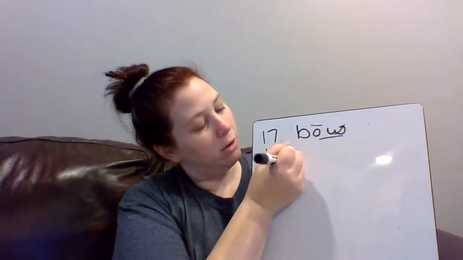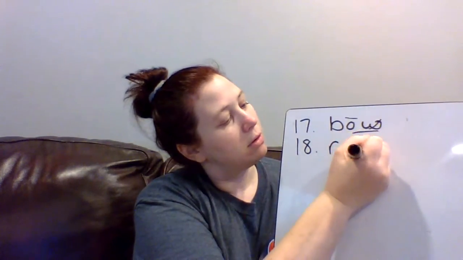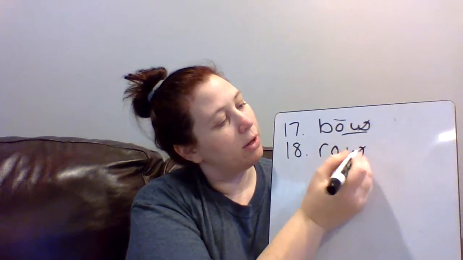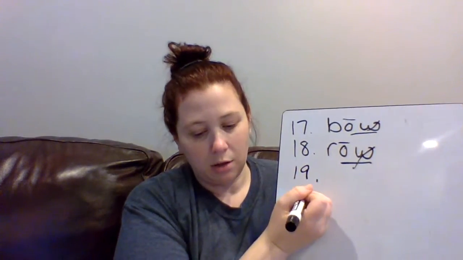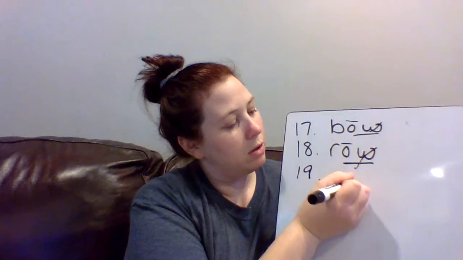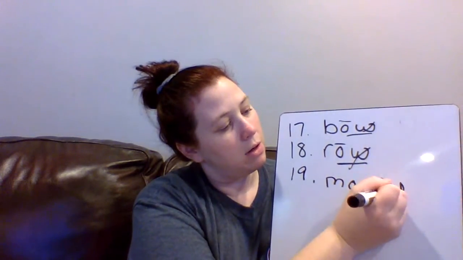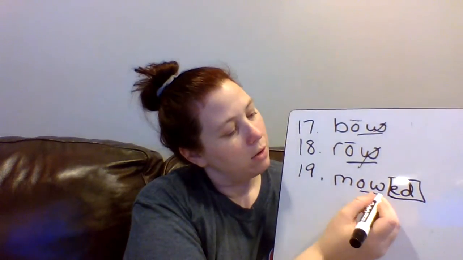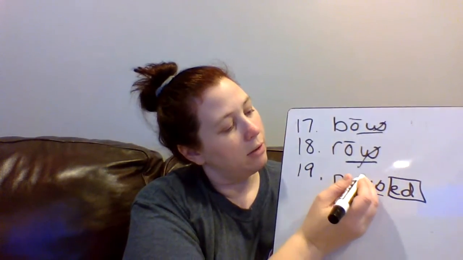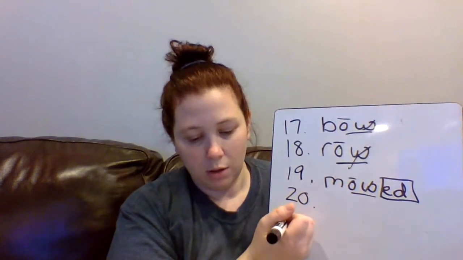All right, number 18, row. Again, underline our digraph, cross off the W, and the O gets a macron. Number 19, mode. We're going to box off our ED. Our OW gets underlined digraph, and then our macron on the O.